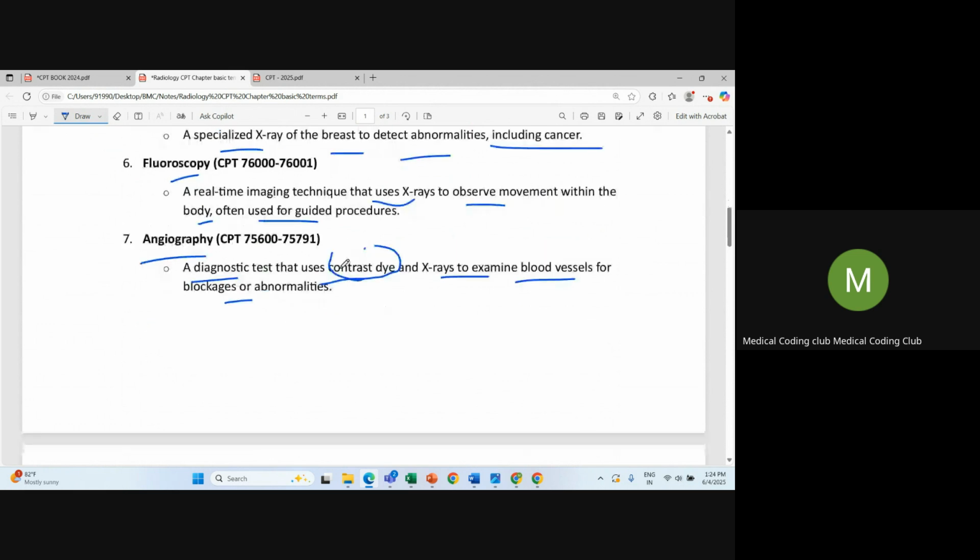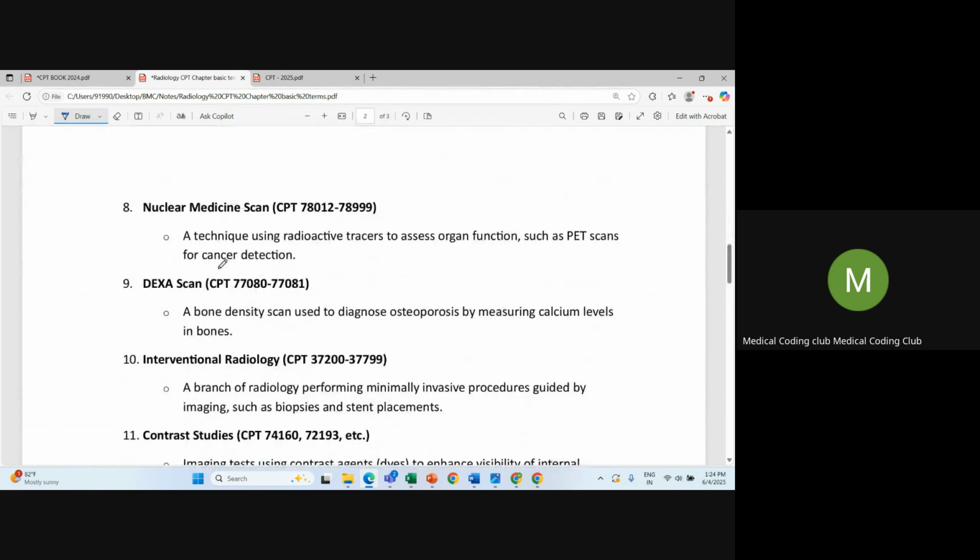So next is nuclear medicine scan. Nuclear medicine is a technique using a radioactive tracer to assess organ function. The common nuclear medicine techniques include PET scan for cancer detection. I'll explain the PET later.